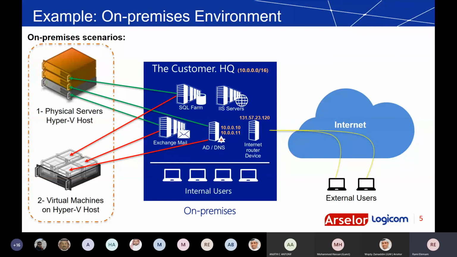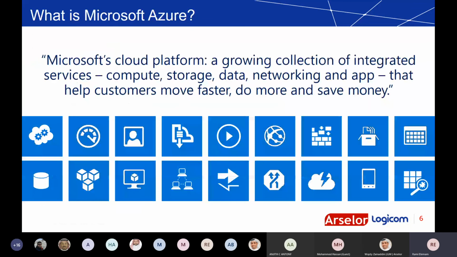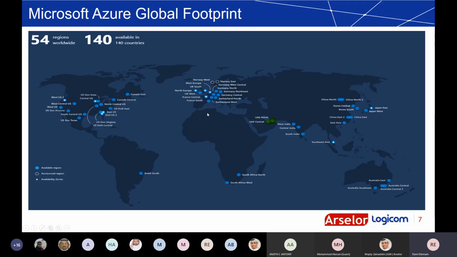So this is an example of the current on-premises environment. Let's move forward to understand what Microsoft Azure is. Microsoft Azure is a cloud platform. Microsoft has built 54 data centers around the world, each the size of about 8 football stadiums.